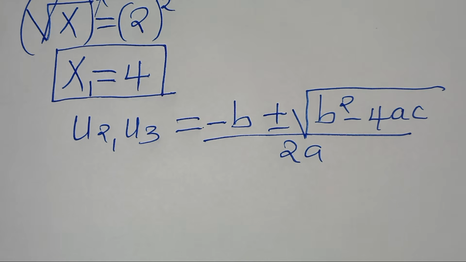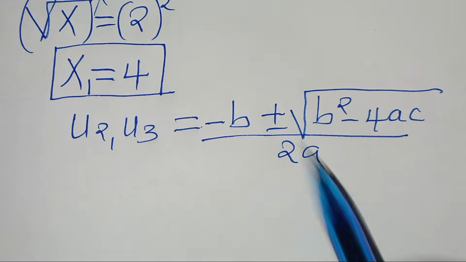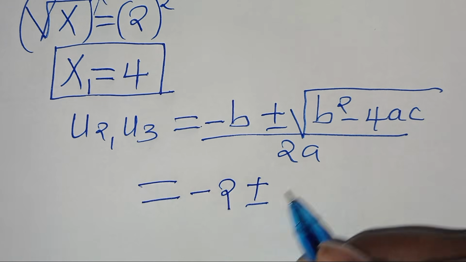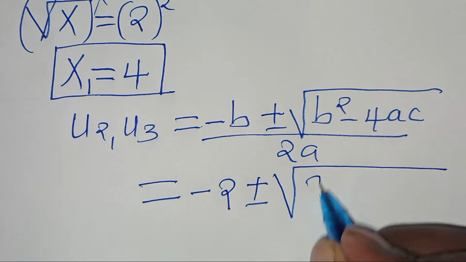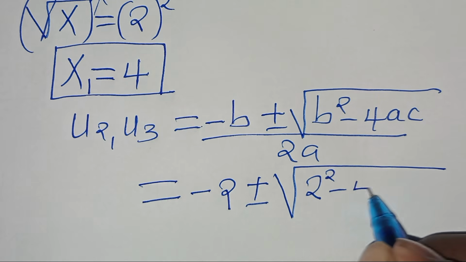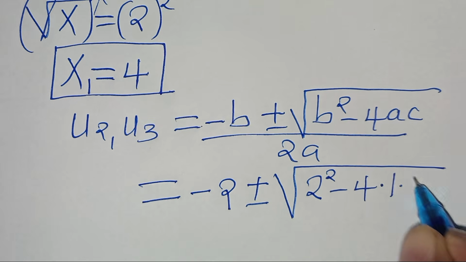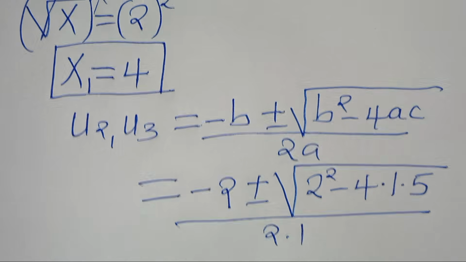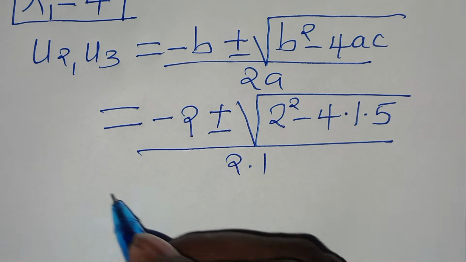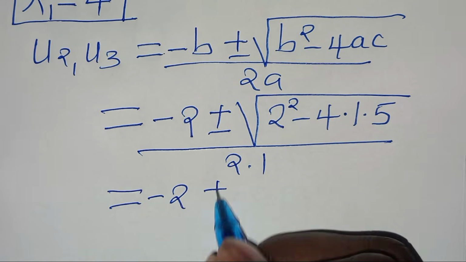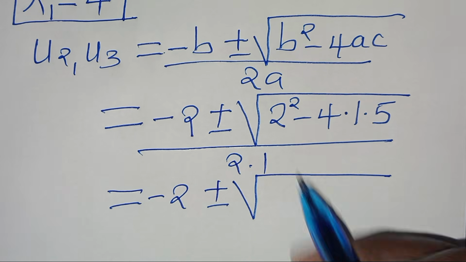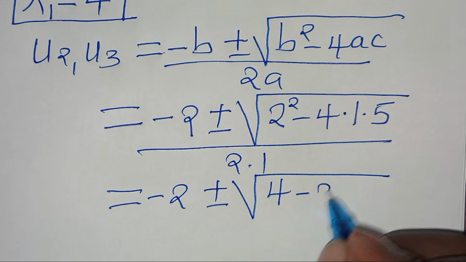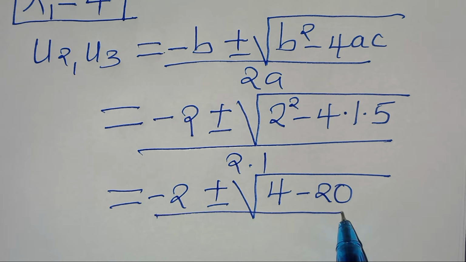So let's substitute the values of a, b, and c into this formula, which is equal to negative 2 plus or minus the square root of 2 squared subtract 4 times a, which is 1, times c, which is 5, everything here, divided by 2 times 1. Now this implies that we have negative 2 plus or minus the square root of 2 squared, this is 4, minus 4 times 1 times 5, this is minus 20, divided by 2.